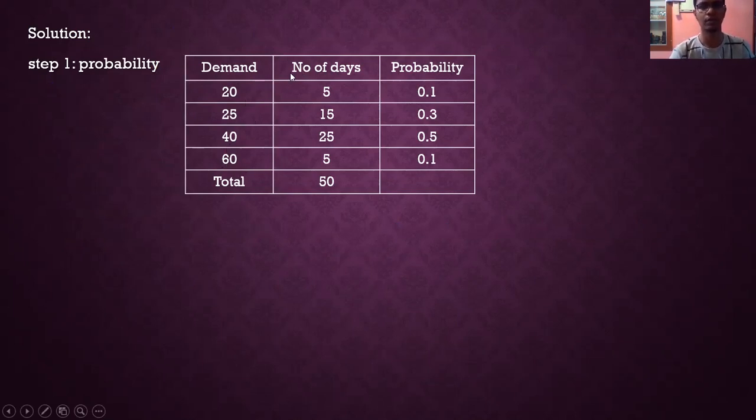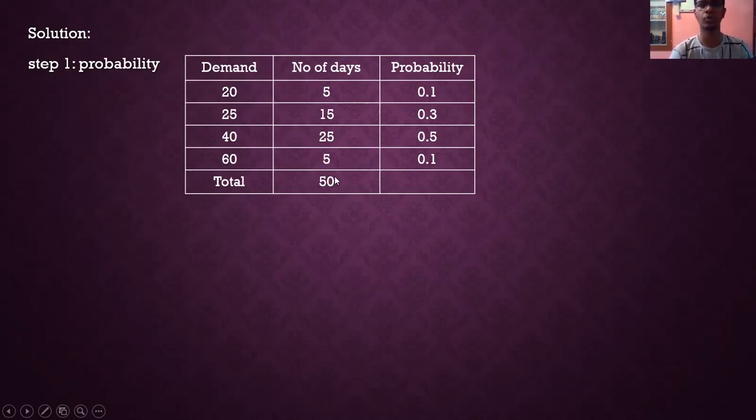Then we write the number of weeks; the days are converted into weeks, and the calculation will be the same. The number of weeks will be 5, 15, 25, 5. The total of this is 5 plus 15 plus 25 plus 5, which is 50.